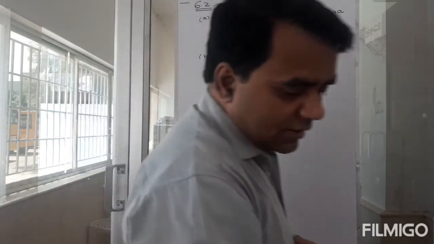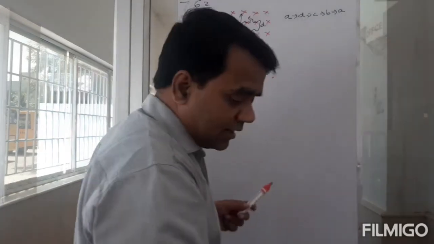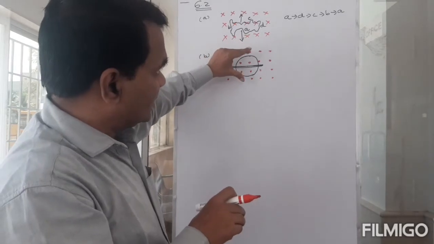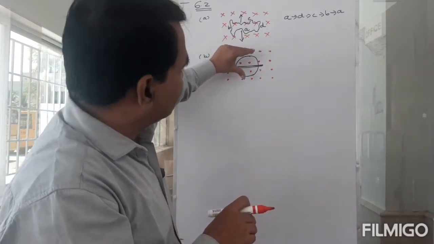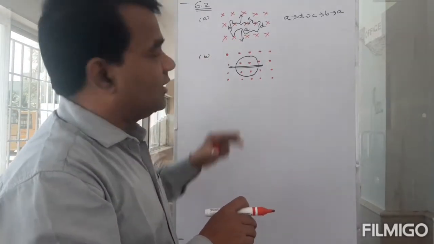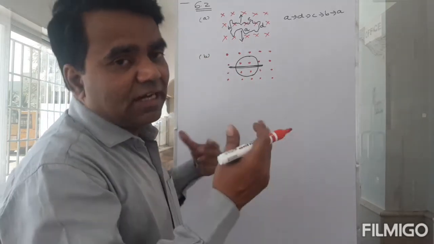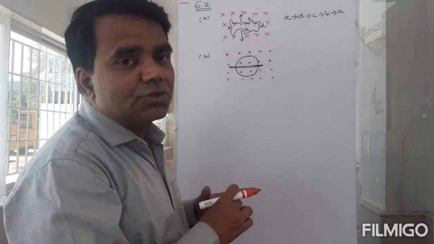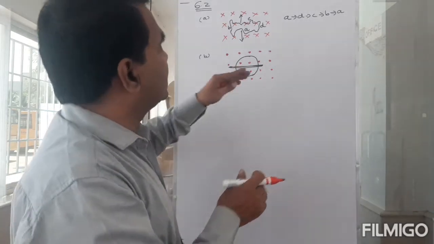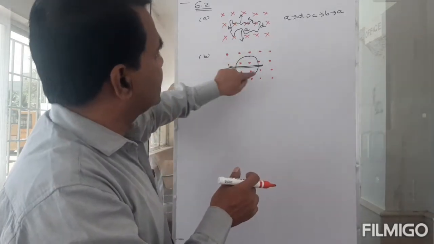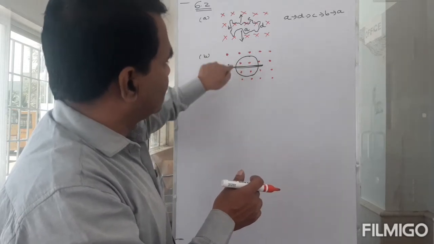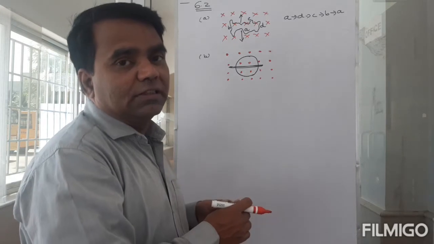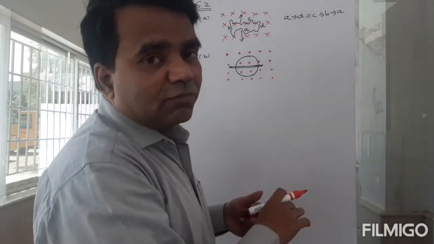If the area is reducing, then the flux through this loop is changing. If the flux through that loop is changing, an EMF will be induced. If an EMF is induced, then because it's a closed loop, current will flow in it. And in which direction will the current flow?